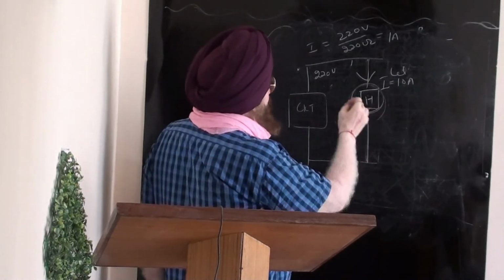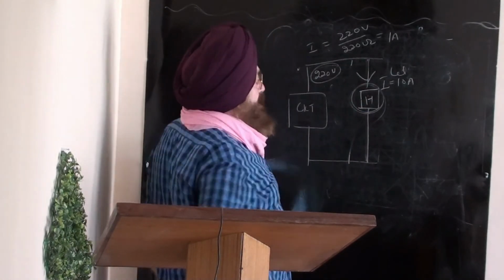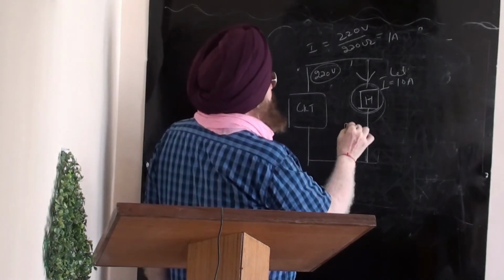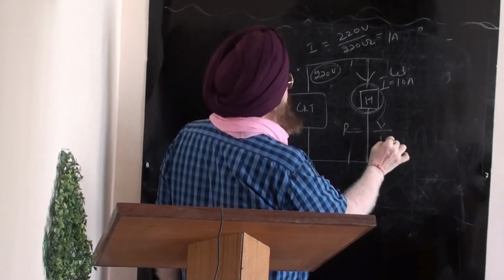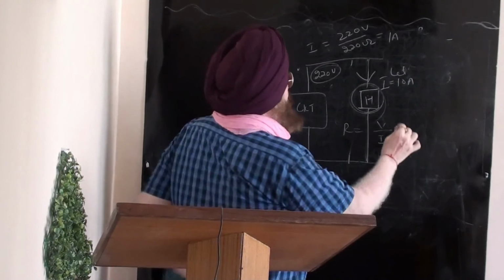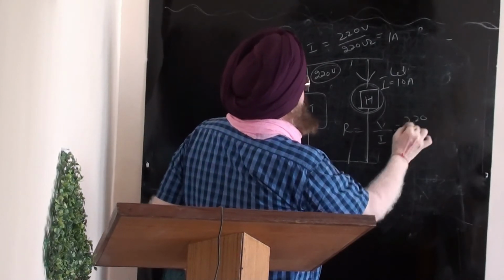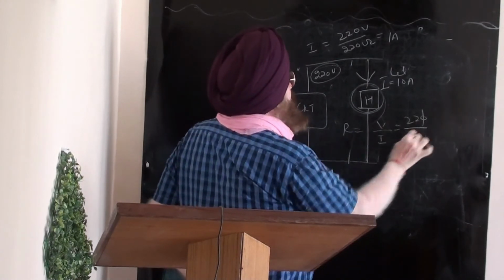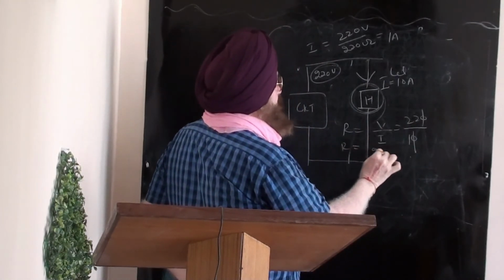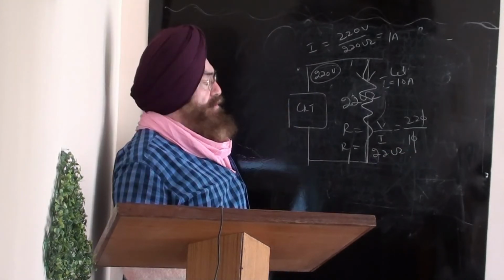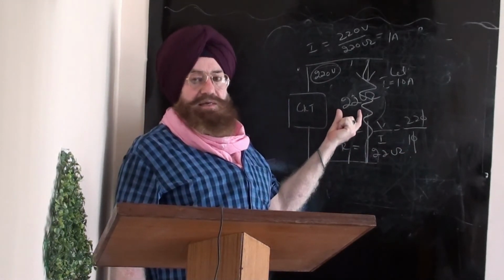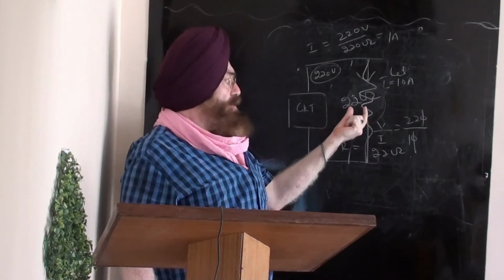Very simple, you will find there is 220 volt and current is 10 ampere, and resistance equals V upon I. What is voltage? 220. What is current? It is 10 ampere. So the resistance is 22 ohm. So I will say the load resistance in case of the heater is 22 ohm.